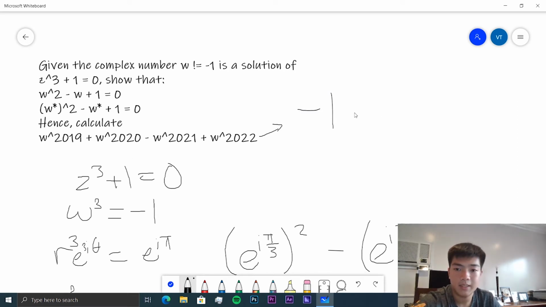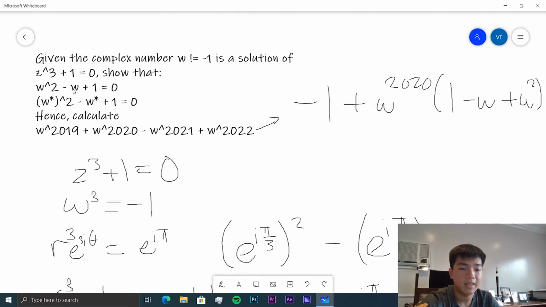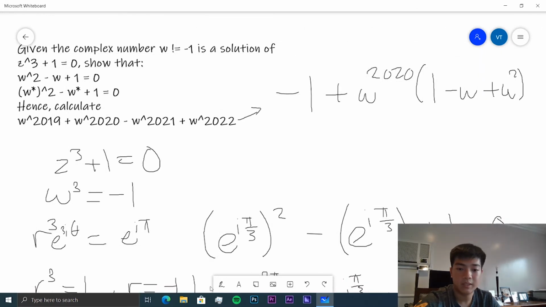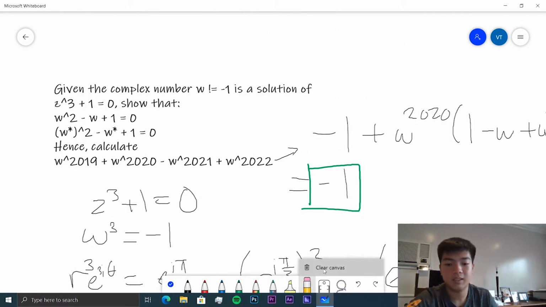Then we can factor the rest into plus omega to the 2020 times 1 minus omega plus omega squared. So we can see it matches this formula over here. And since omega is a solution, this will be equal to 0. So this entire thing is simply equal to negative 1. Okay, so on to the next question.